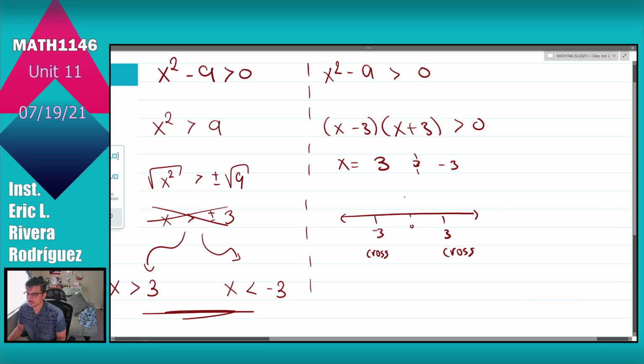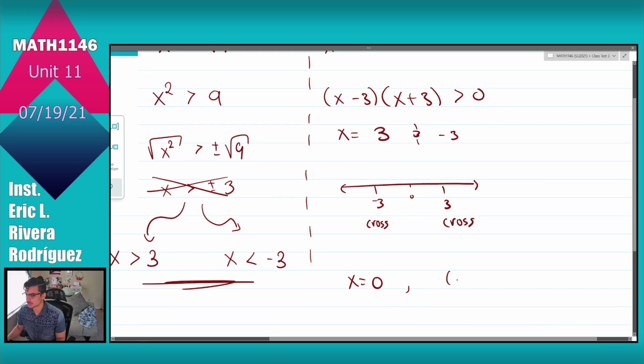If we then test for 0, so x equals 0, we are going to get 0 minus 3, and then 0 plus 3 here. The important thing here is to know the sign. Is it positive or negative?